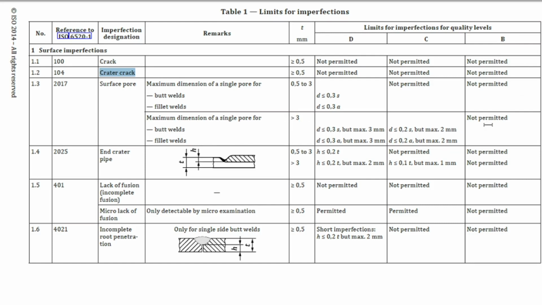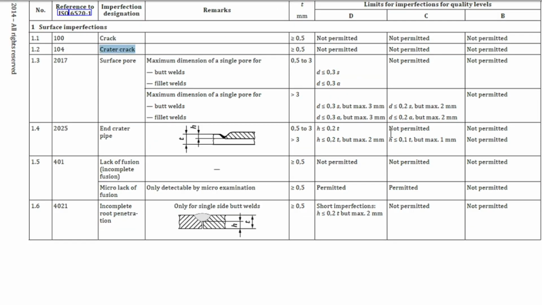For level B it is not permitted, and for level C, d is less than or equal to 0.2 s but maximum 2 mm, or d less than or equal to 0.2 a but maximum 2 mm. For level D, d is less than or equal to 0.3 s but maximum 3 mm, or d less than or equal to 0.3 a but maximum 3 mm. So these are the things we need to know.